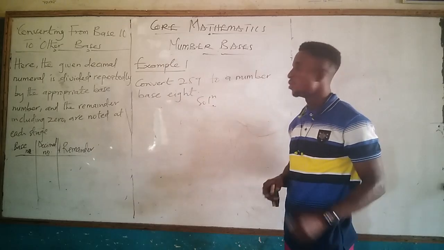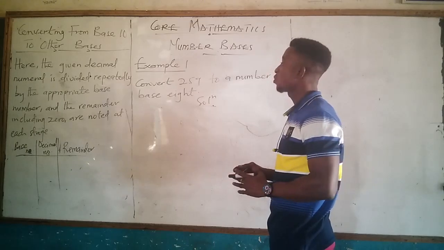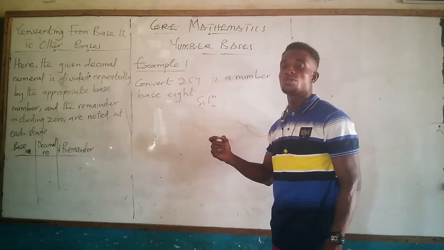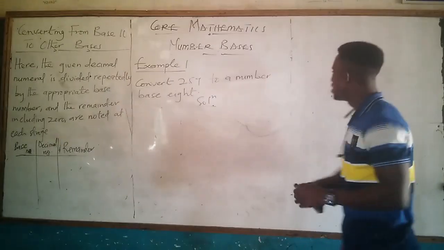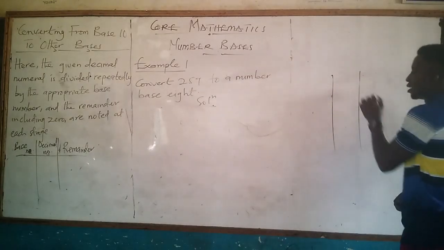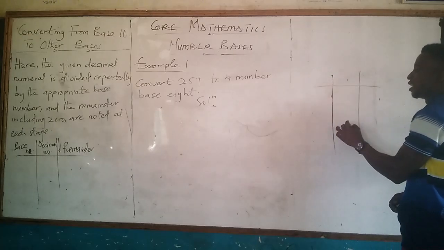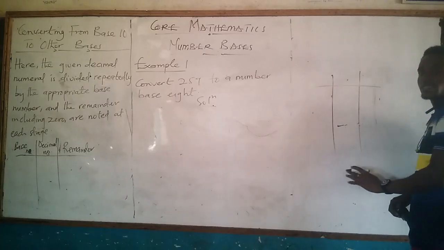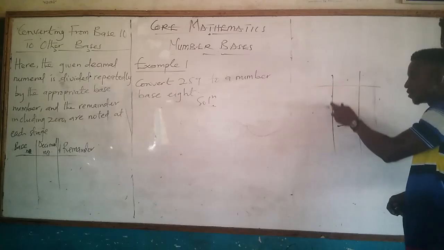The first thing, we have 3 columns. The first column takes the base in which we are converting the base 10 to. Sometimes I start creating the columns immediately, put the number, then start dividing, and maybe it will get to only this side and all these other places are going to be wasted, because I don't know where the division is going to get to.